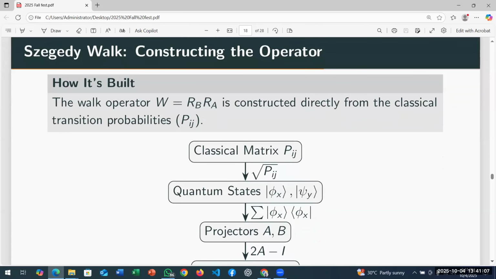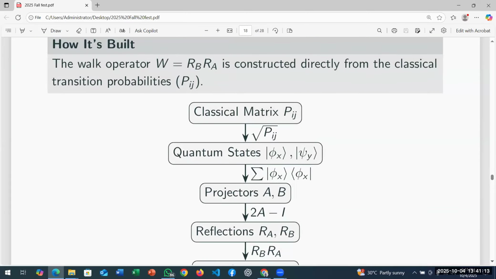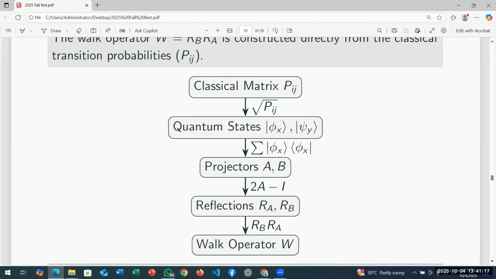This diagram is telling us how Szegedy walk is constructed from the classical matrix which we are all used to. Then we construct quantum states for X and for Y. We should not forget that these nodes X and Y are gotten from a graph. I used a simple graph for us to see it clearer, but for the project, I used a musical graph, which was a bit complex.